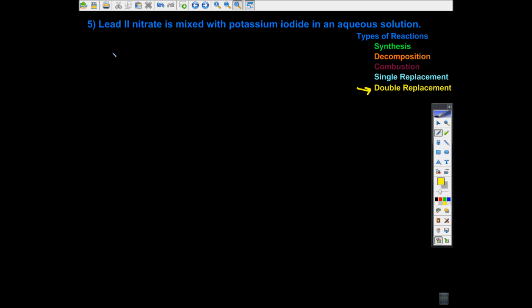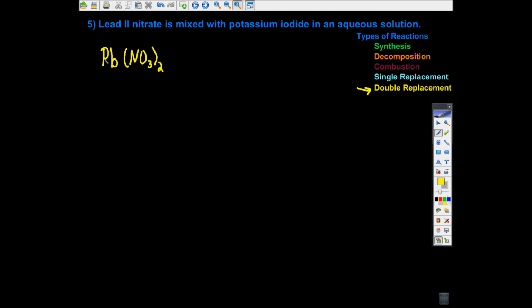So the first thing you're going to need to do is you can go ahead and write down the formulas for these two compounds. Lead 2 nitrate. Lead is a positive 2 charge in this compound, so that means I'm going to need 2 of them to go with this nitrate. Okay, I just wrote that wrong. Sometimes I'll do that accidentally.